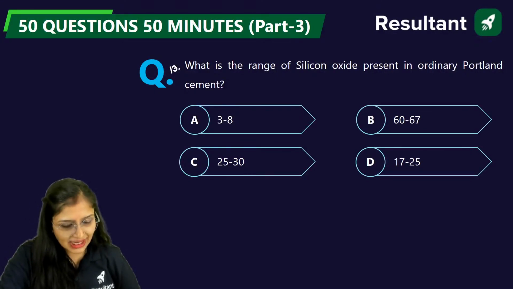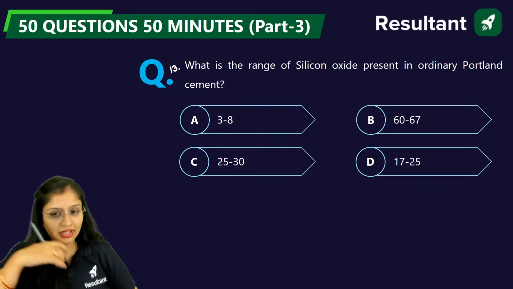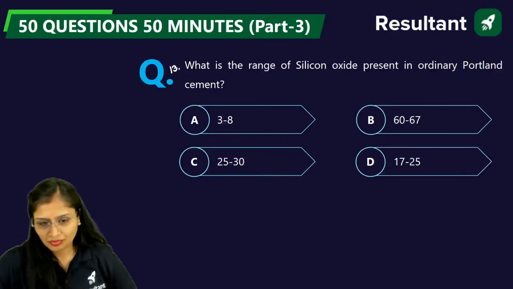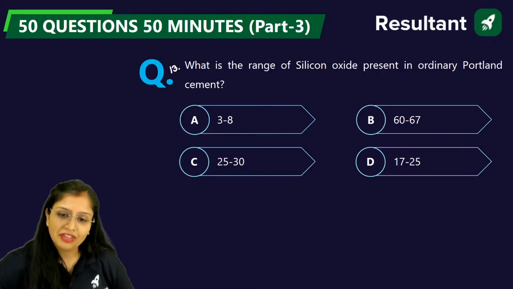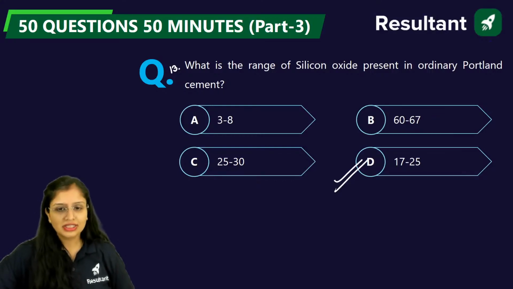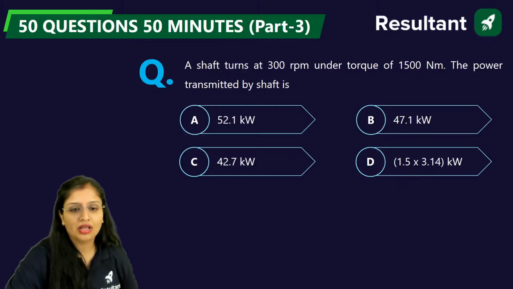Silica is asked, silica oxide, lime is not asked. Generally it is 17 to 25%. This is the range. Silica oxide, SiO2. Clear?